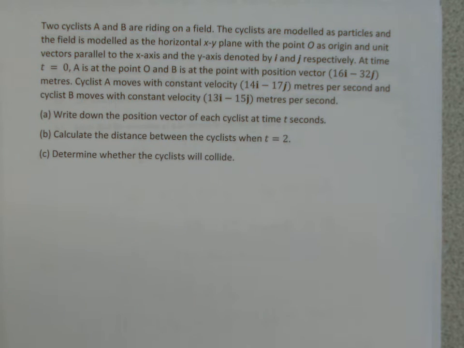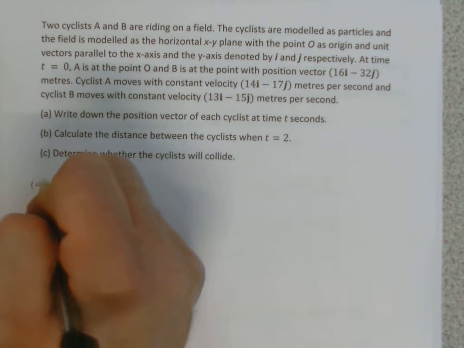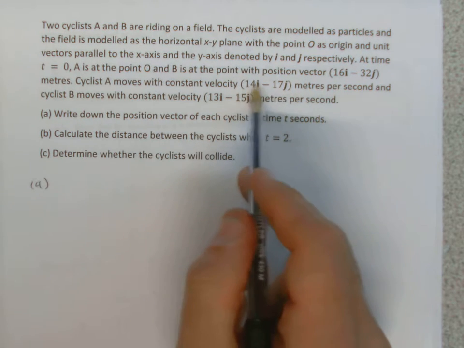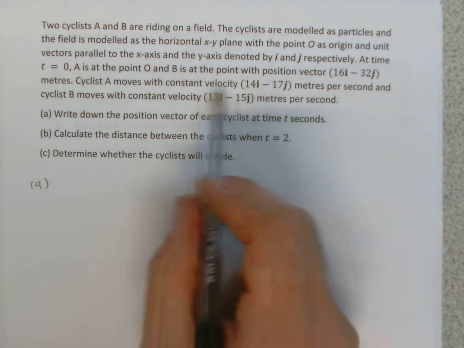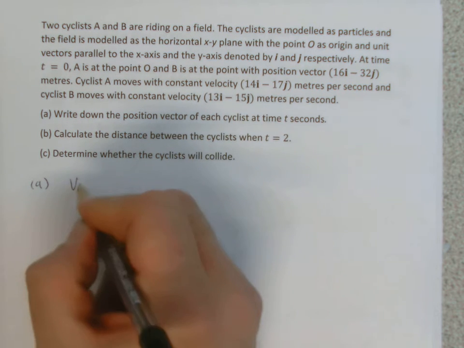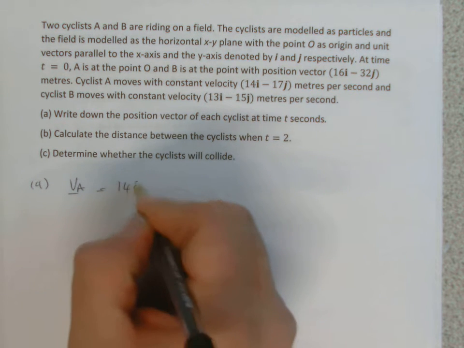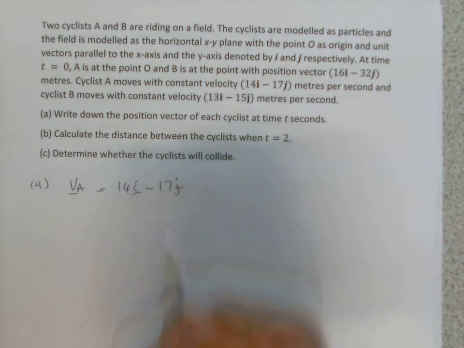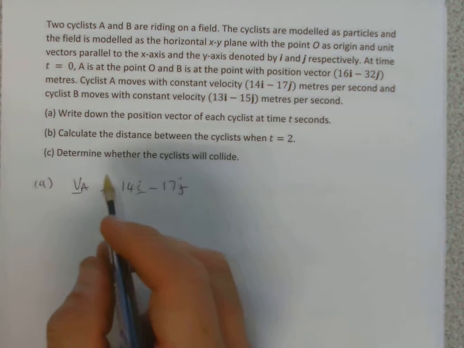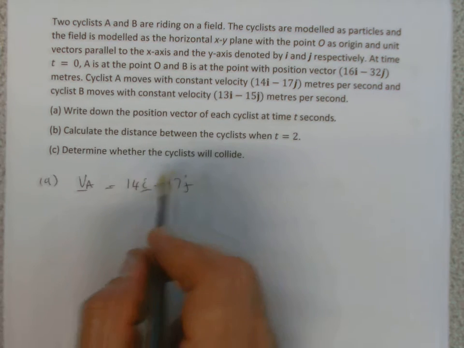Okay, write down the position vectors. To get the position vectors, we have to start with the velocity. The velocity of cyclist A is 14i minus 17j, and that's the direction it's heading in.